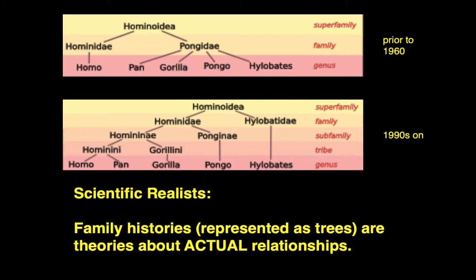You'll see that gorillas, humans, and chimps are then, on this view, more closely related than, say, gorillas, chimps, and humans are to orangutans, and again, orangutans themselves and gorillas and chimps and humans together form a more natural grouping, a more recent derived group than the gibbons. So family histories, represented as trees here, are actual theories about actual relationships.